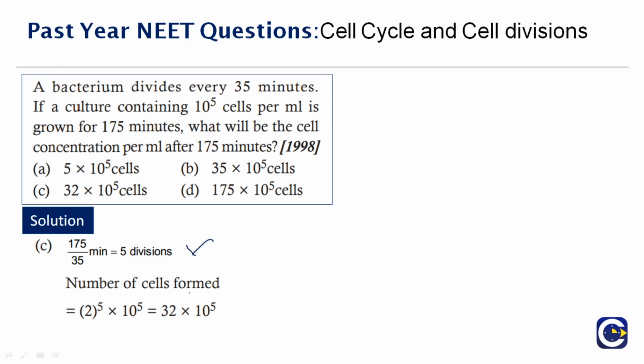Therefore, the number of cells formed is 2 to the power of 5, into 10 to the power of 5. So it is 32 into 10 to the power of 5. Therefore, the correct answer to this question is option C.